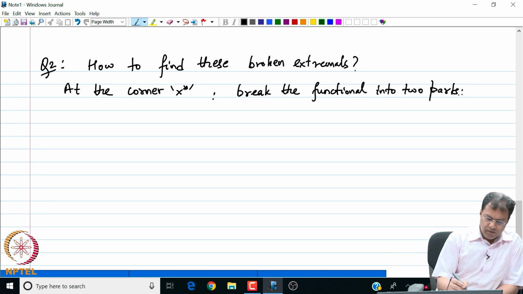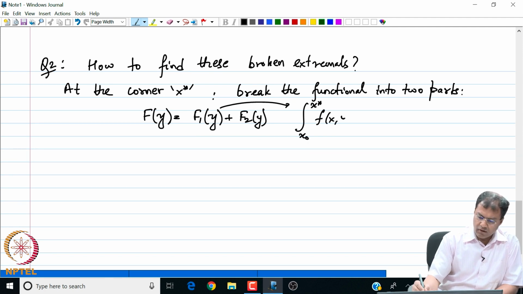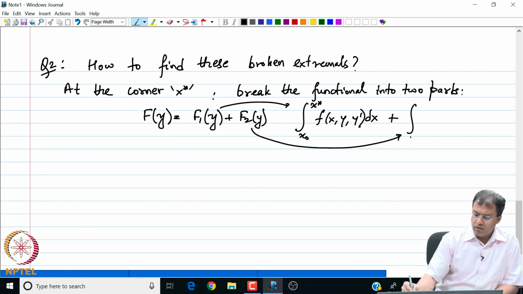We write our functional f of y to be f1 of y plus f2 of y, where the first integral is from x0 to x star, over which we have a continuously differentiable solution, of the integrand f of x, y, y prime dx, and the second functional is over the interval x star to x1 of the same integrand.